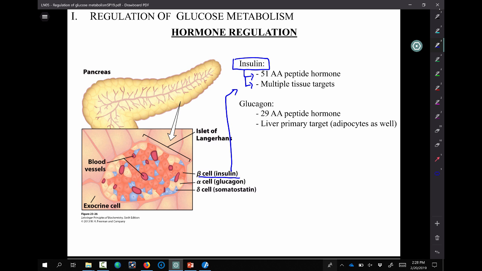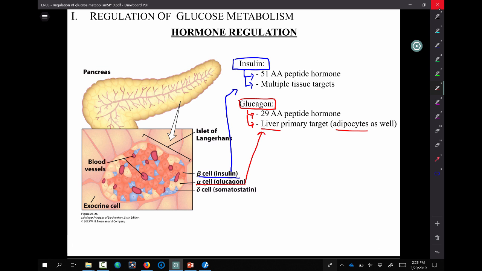Glucagon here. This is also a peptide hormone, 29 amino acids, smaller than insulin. It primarily affects liver tissue, adipose as well, but the liver tissue is really the main effect. It is excreted by the alpha cells of the pancreas.